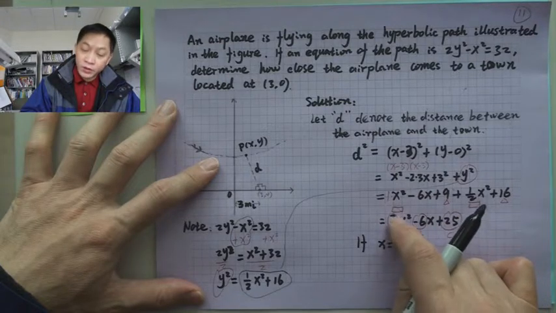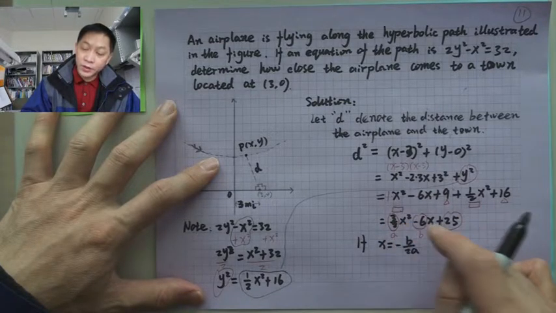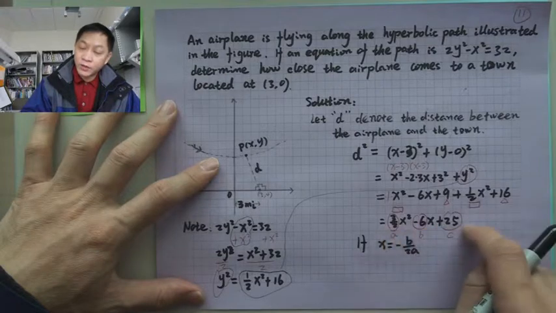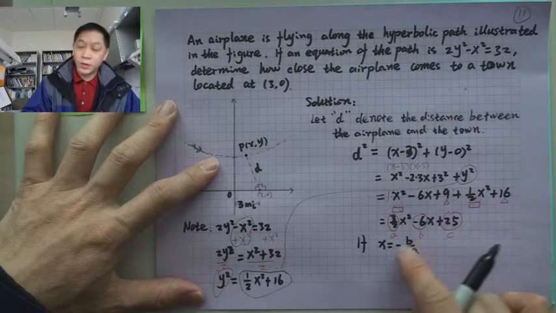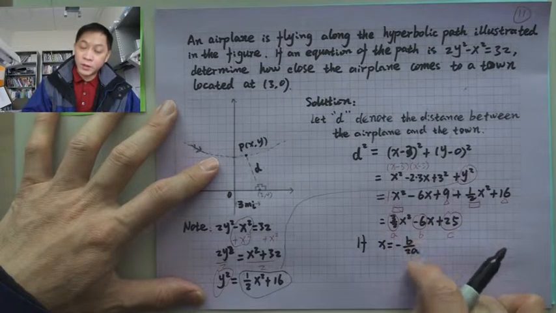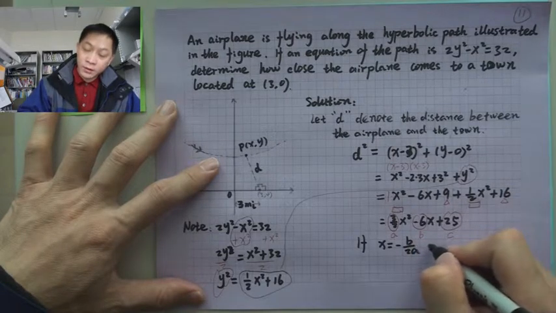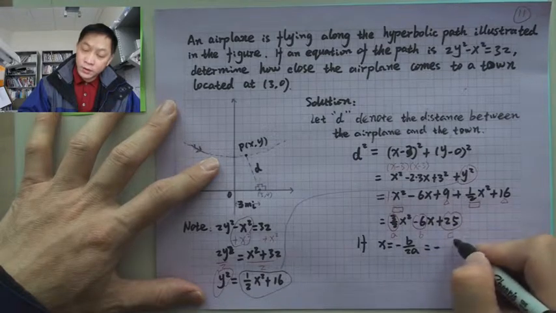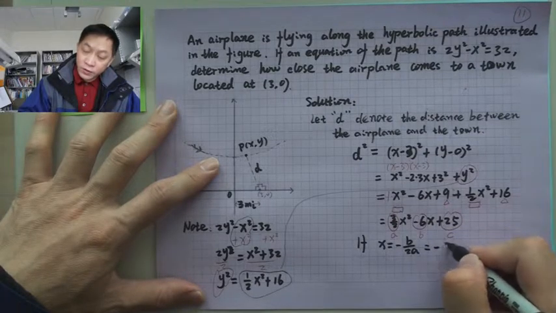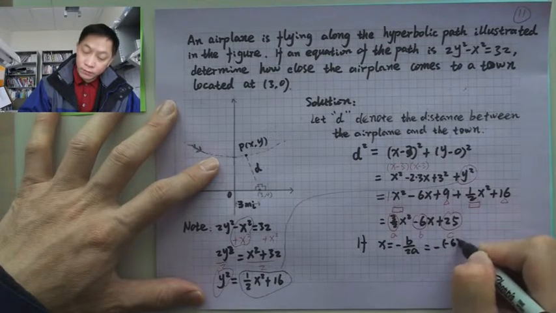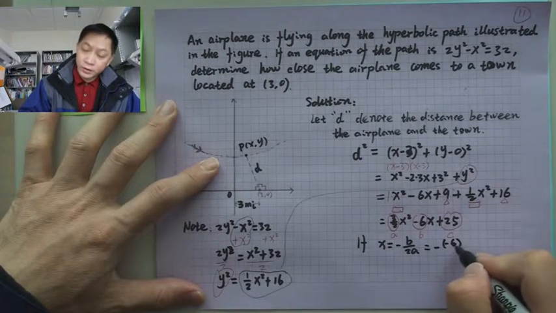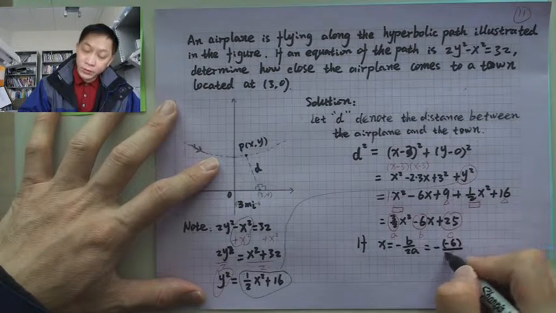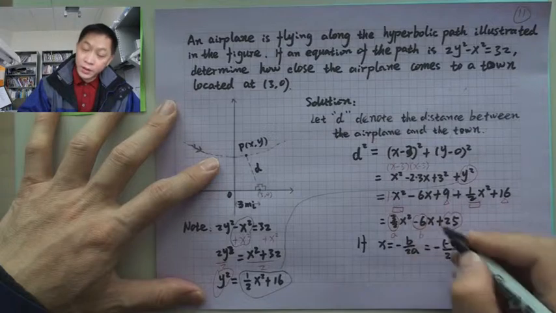Since the coefficient of x squared is positive, the quadratic function will have a minimum when x equals negative b over 2a. Here b is negative 6, so negative b is 6, divided by 2 times a, where a is 3/2.